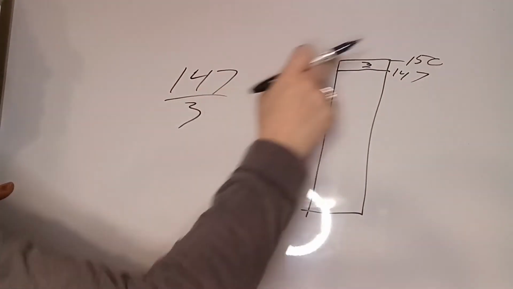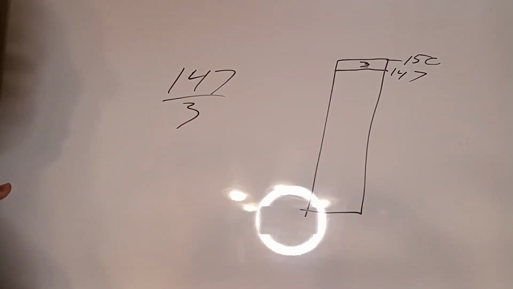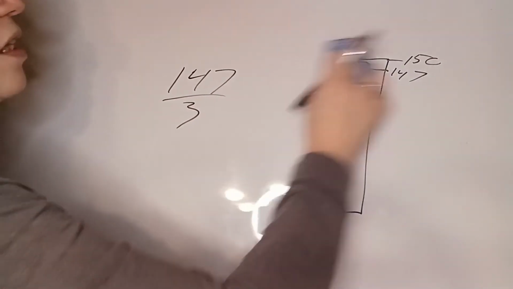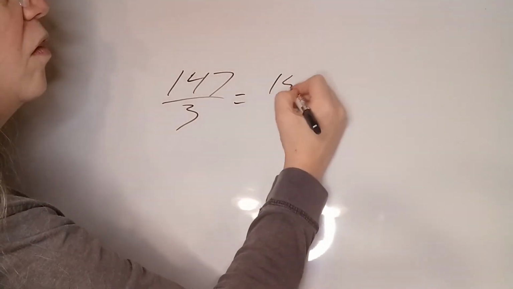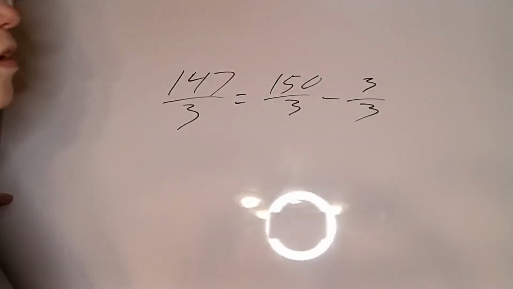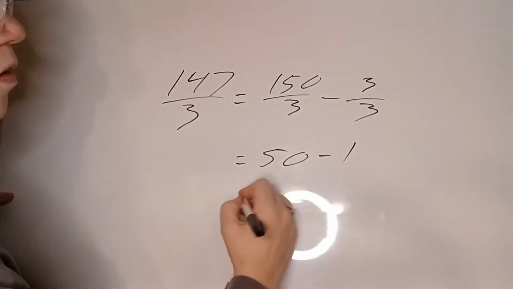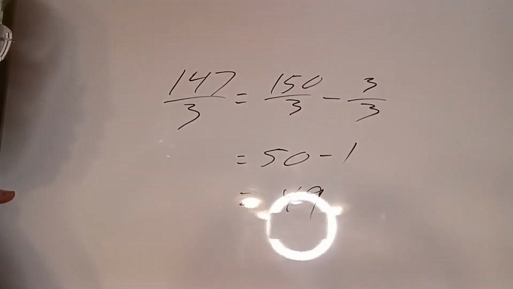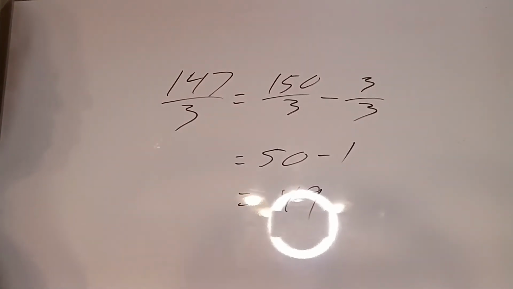Because this 3 and this 3 are the same size, we can use this to find the answer to this question. We're using the 150 and the 3.